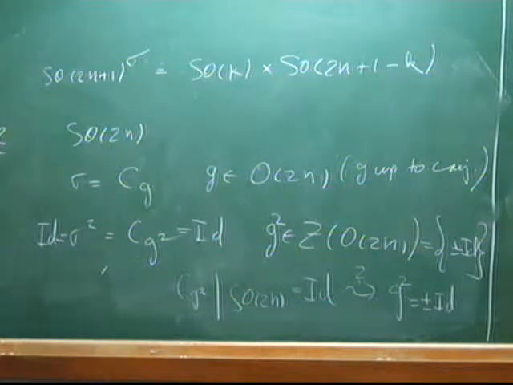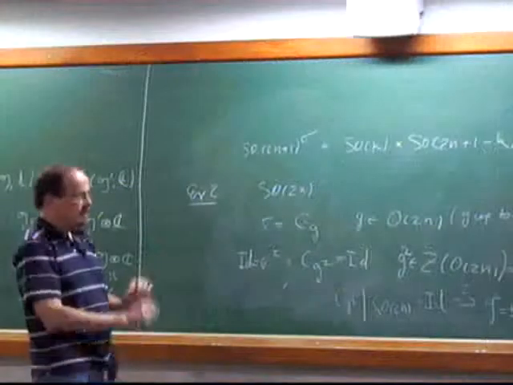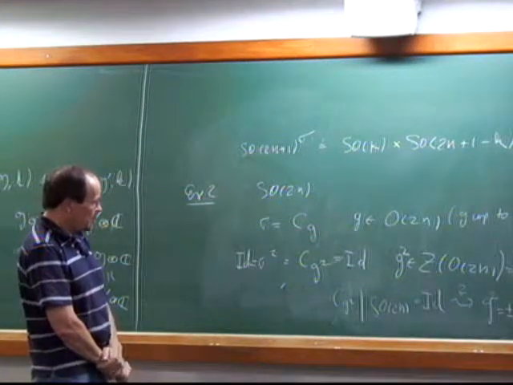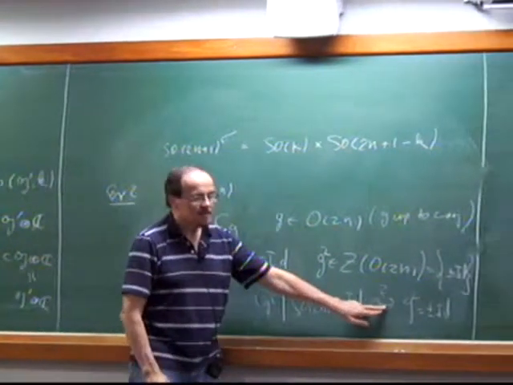That's still true, a claim. Because you're right, we're not a priori saying that conjugation with G squared is identity on all of O2n, it's on SO2n. You're right, so it's a little bit careful, but nevertheless, I think this is okay.